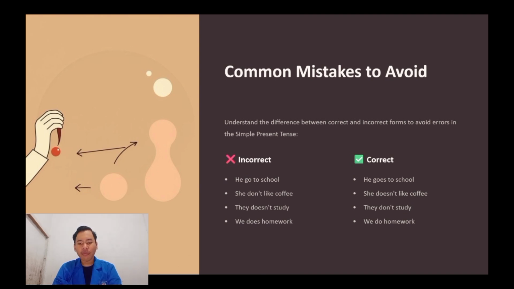The second one is wrong because we use is with an action verb. Remember, I'm, is, and are are only used with adjectives or nouns, not with regular action verbs. For example, she is a teacher. She teaches English. Incorrect: she is teach English. So, please be careful when mixing to be and action verbs.